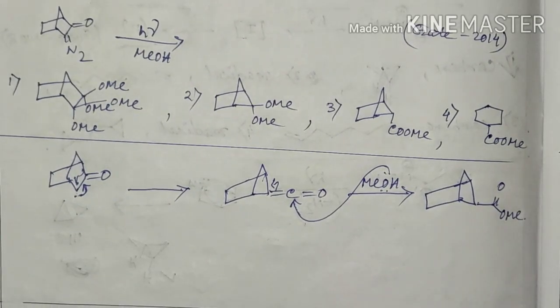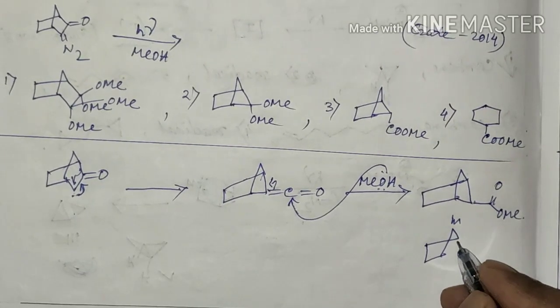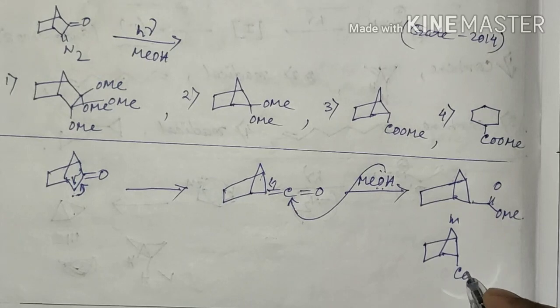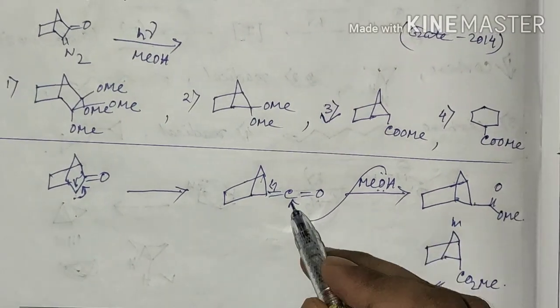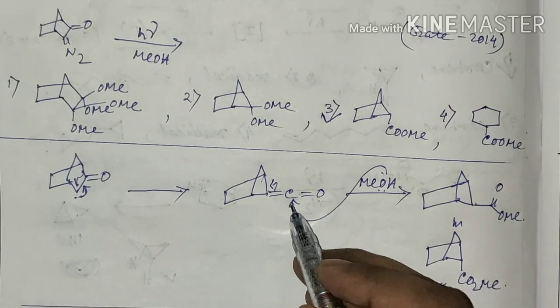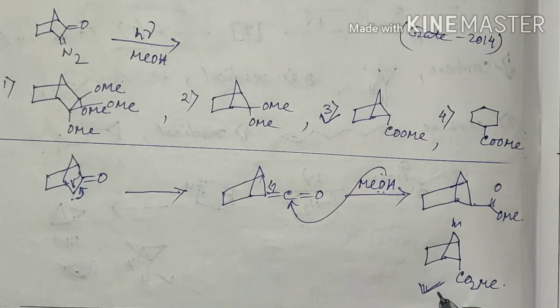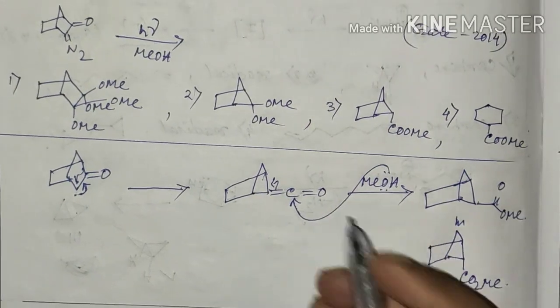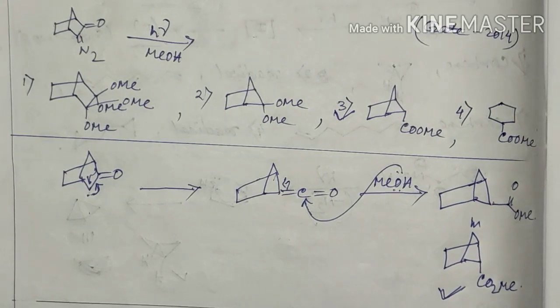So this will be the final product. We can write it like this. And here the attack will be from the endo face, and the final product will be the endo product. So from the given options we can see that option number 3 is the correct answer.